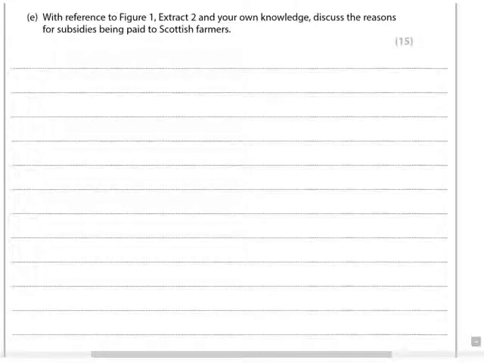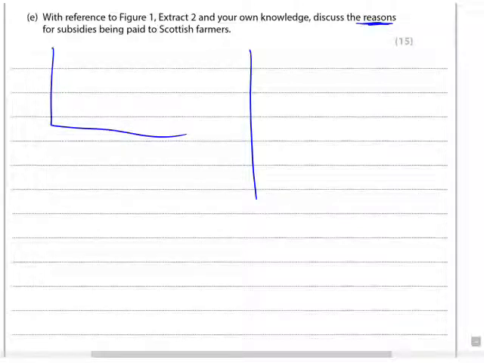Okay. With reference to figure 1 extract 2, and your knowledge, discuss the reasons for subsidies being paid to Scottish farmers. So it's a discuss question. We need some good reasons for it being paid, so you would draw the graph and explain it.